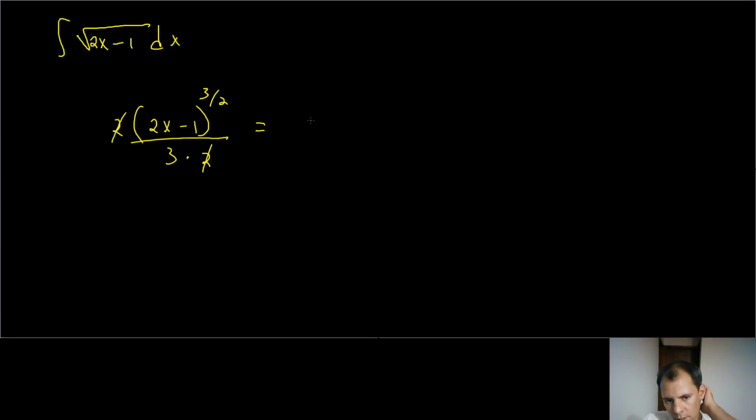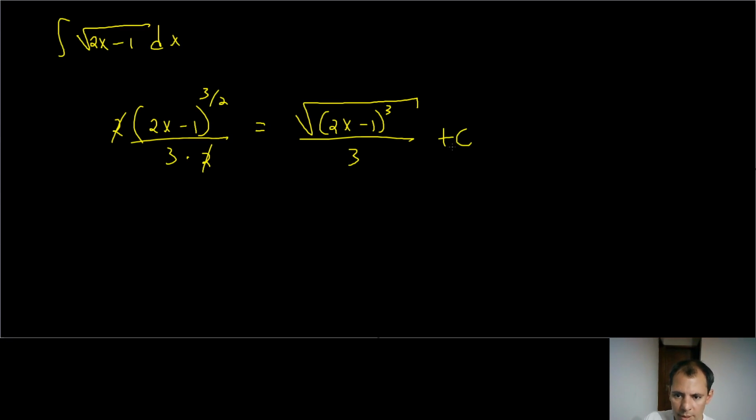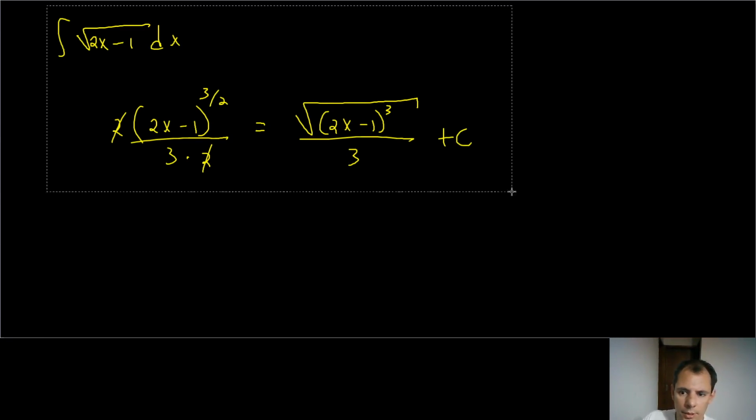Okay, it's gonna be the square root of 2x minus 1 cubed divided by 3. And of course, every time you have to do the plus c thing, but I'm not gonna do it. I'm just trying to save time. This is a very long course, guys. We're far away.